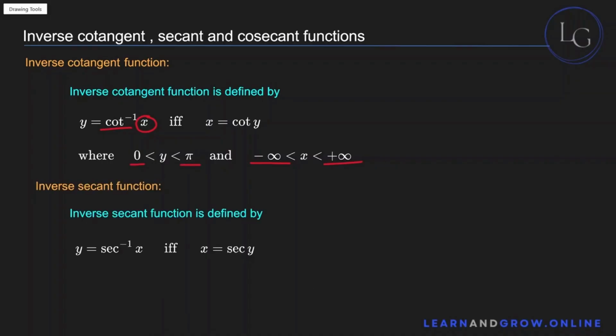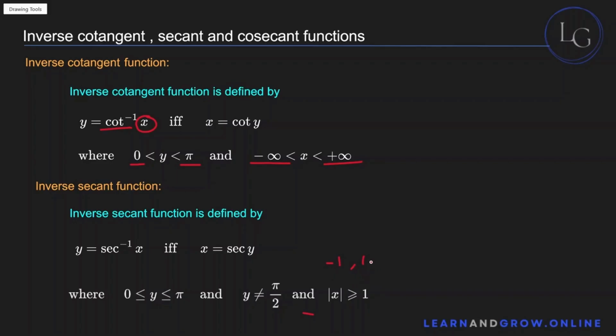And again, for the secant function, the value of x will always be greater than 1, right? So if you take any value of x, the absolute value of x will always be greater than 1. So x cannot have a value between -1 and 1, right?